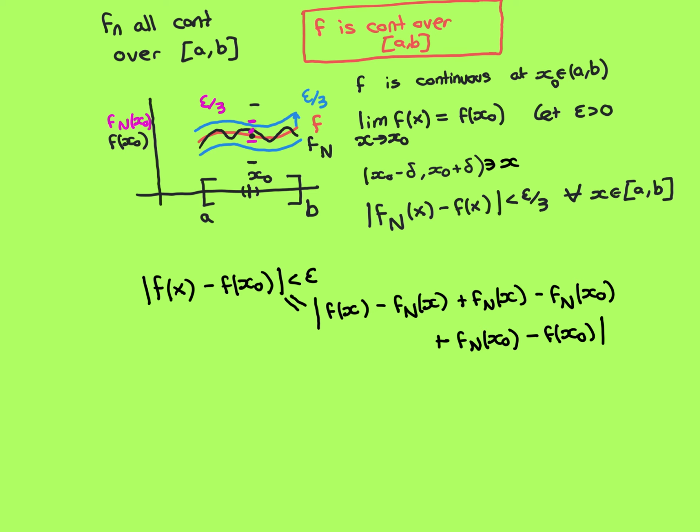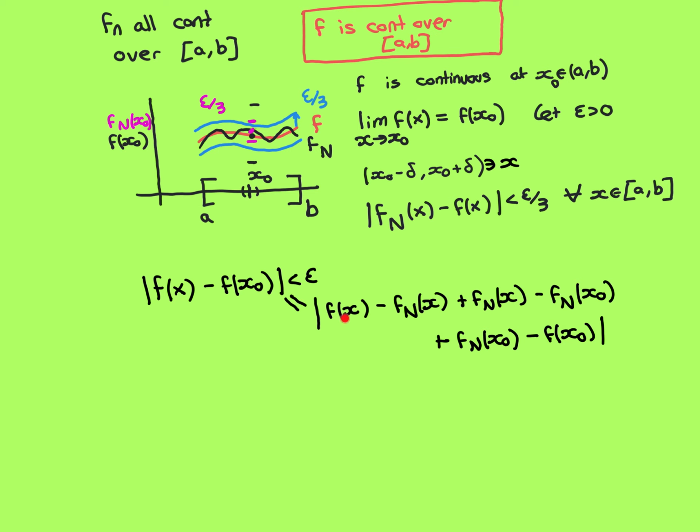What I've got here, we've still got the modulus, here is f of x, here is minus f of x0, and then all of these things in the middle, they are subtracted, added back on, subtracted, added back on, so they cancel. This cancels with this cancels with this, so this is overall still the same as this. But why have I done this? Because it is easier to compare this and this, this and this, and this and this. In fact, these are the things that I know are all less than epsilon over 3 in modulus.